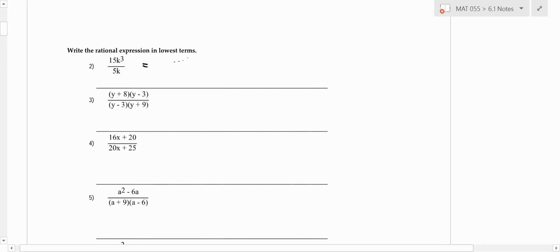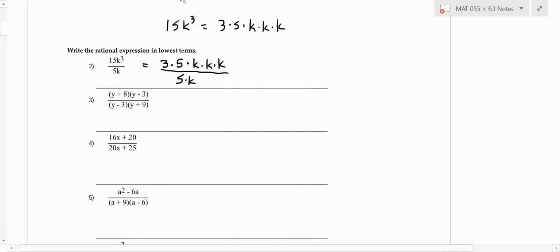One way to do this is to factor 15k to the third. 15 is 3 times 5, and k to the third is k times k times k. So I'm going to have you write it out that way on this problem as 3 times 5 times k times k times k. And the way you factor 5k is 5 times k. You really don't have to do this because you can do it in your head anyway.